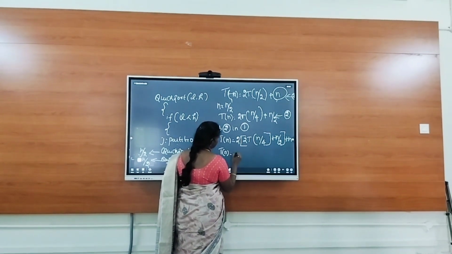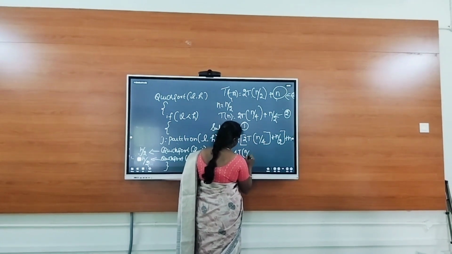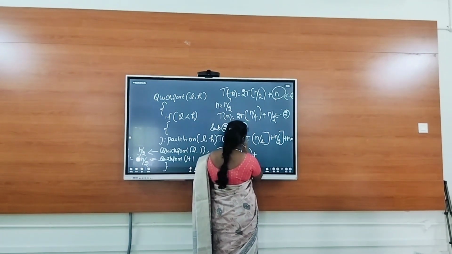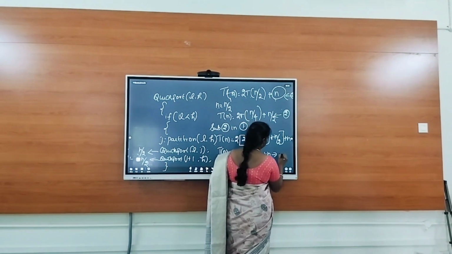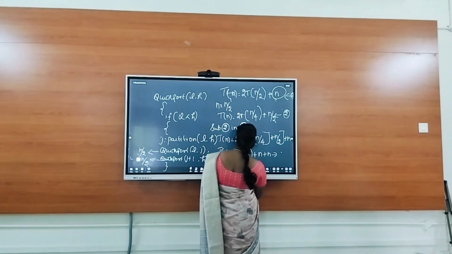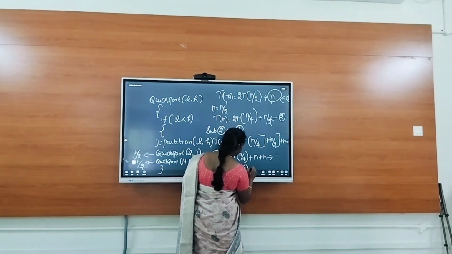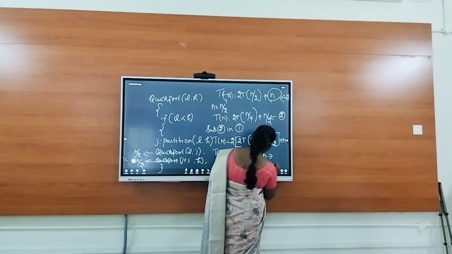T of n is equal to 4T of n by 4 plus 2n by 2, so n plus n, that is 4T of n by 4 plus 2n. This is equation number 3.